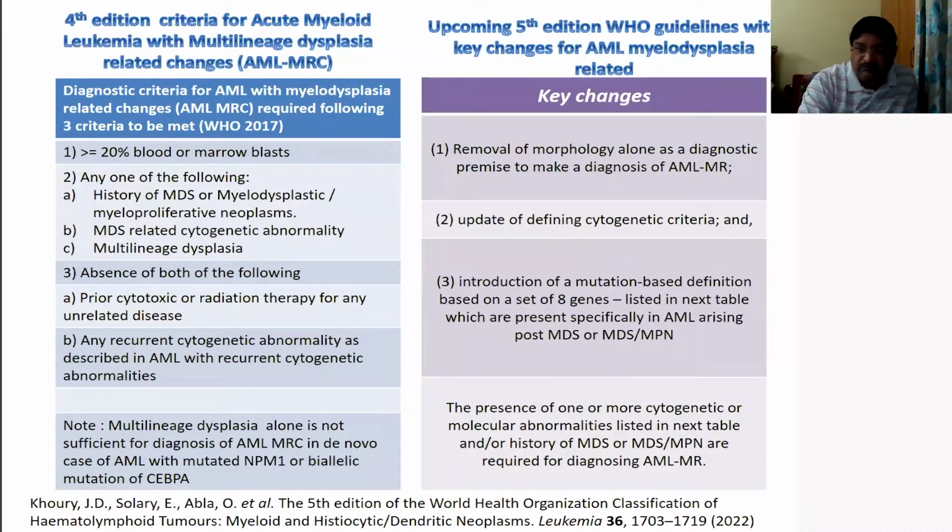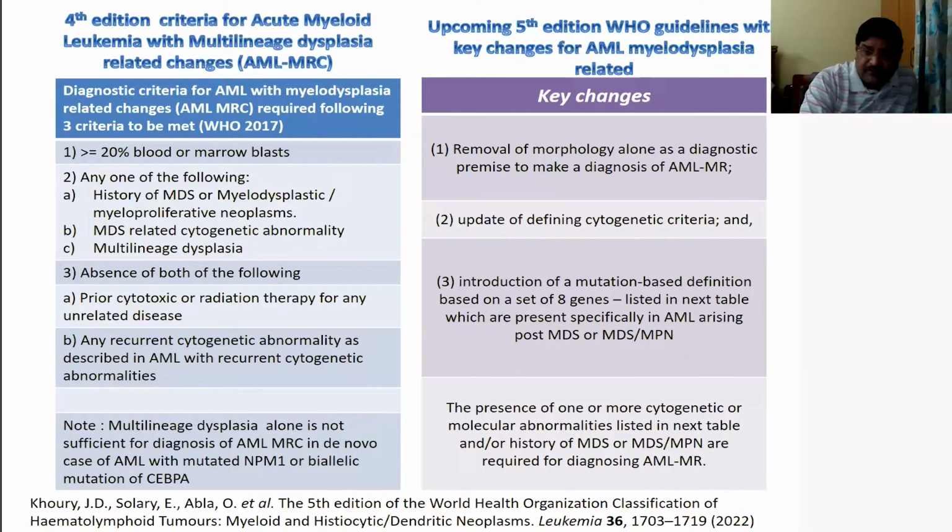But if you go to the fifth edition, removal of morphology alone means you need not have multilineage dysplasia for a diagnosis of AML myelodysplasia related changes. If it is AML with myelodysplasia related cytogenetic abnormalities, it will be AML-MR. So an update of defining cytogenetic criteria has happened.